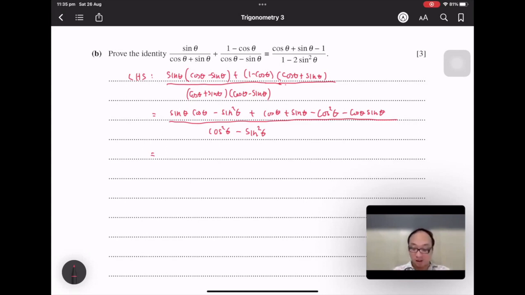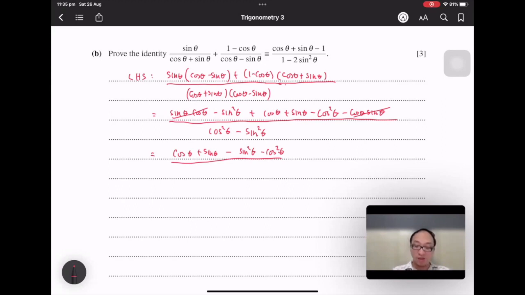So can we cancel something? We can cancel sin theta cos theta and cos theta sin theta. And we have cos theta plus sin theta minus sin square theta minus cos square theta over cos square theta minus sin square theta.